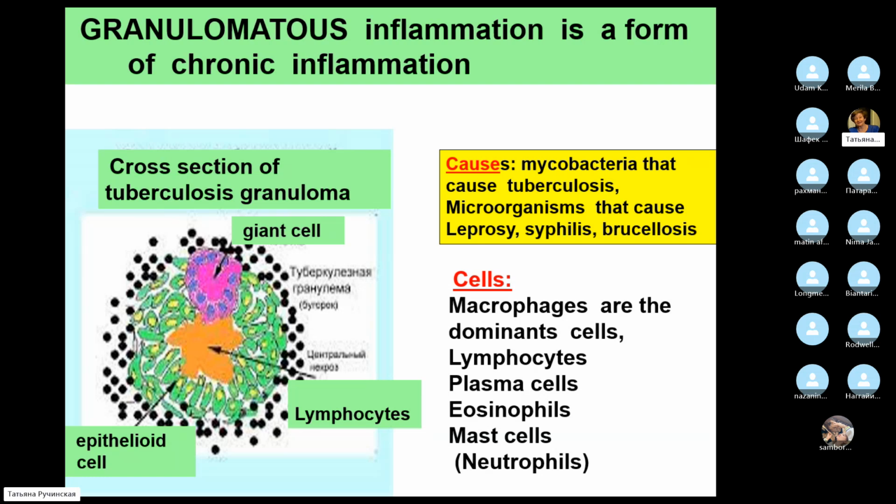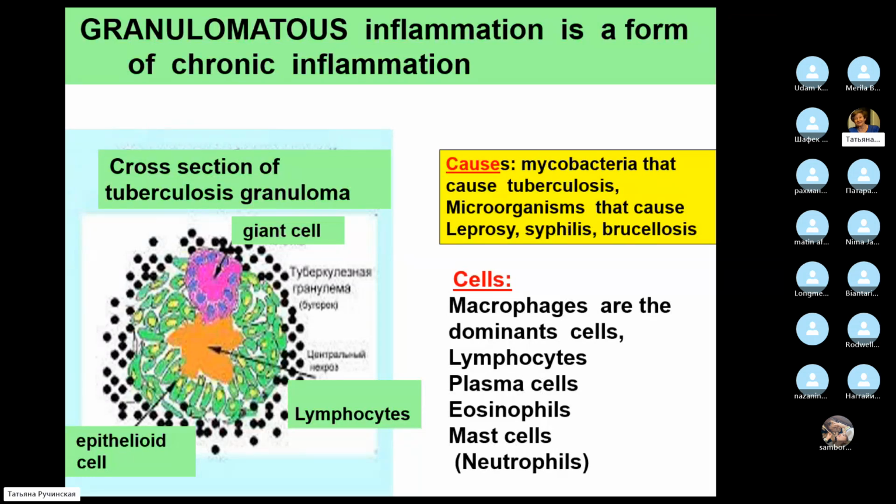I told you about tuberculosis, then there will be such diseases as leprosy, brucellosis, syphilis, and so on, and which cells can form and take part in the formation of granuloma.